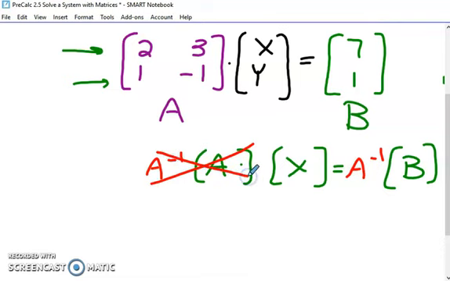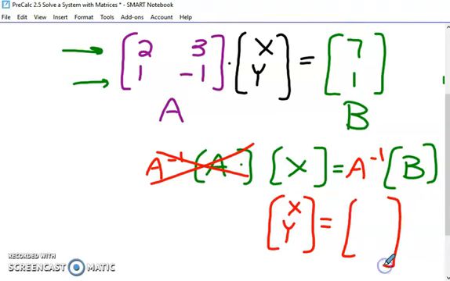So this crosses off, and our answer matrix, I'll call it XY. When we do A to the negative 1 times B in our calculator, it should come out to (2, 1), which is what we got before. I'm just going to show you that on the calculator.